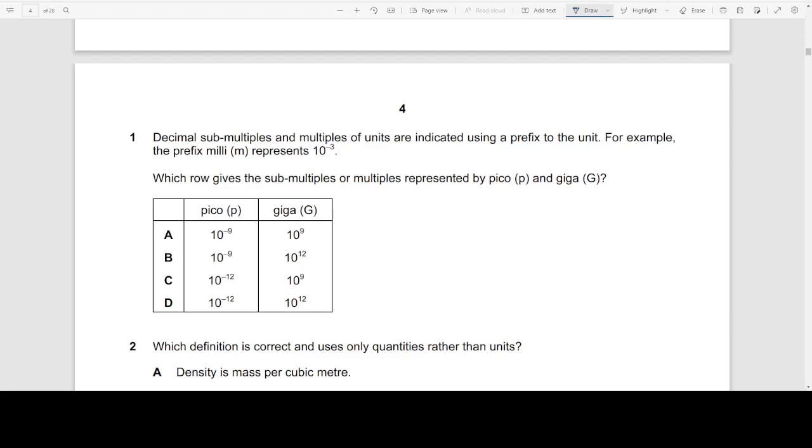Pico is 10 raised to minus 12, and for giga, we have kilo, we have mega, then we have giga. So giga is 10 raised to 9. So the first answer is C.